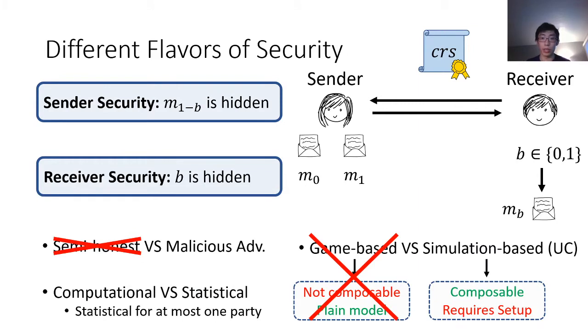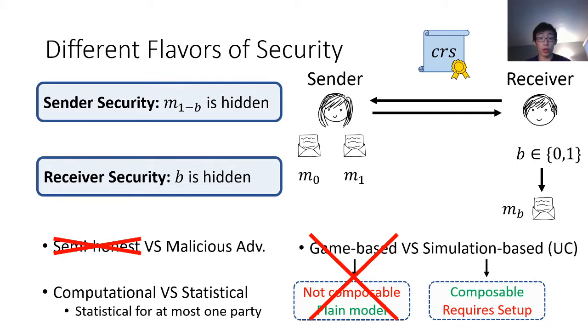A last distinction to make is whether security should hold when the adversaries are computationally unbounded. If we only ensure security when the adversaries are computationally bounded, we say that the security is computational, and otherwise that it is statistical or information theoretic.